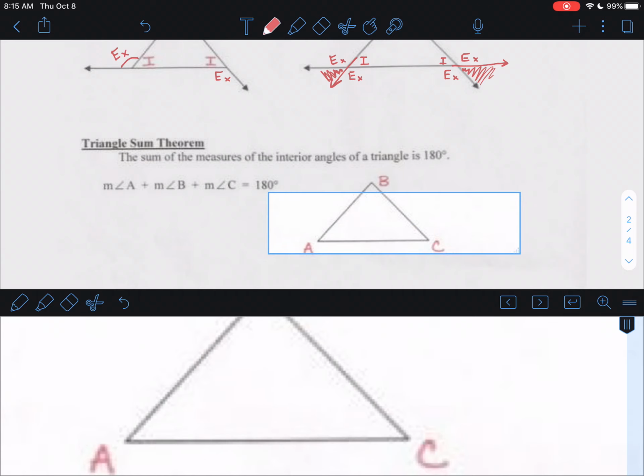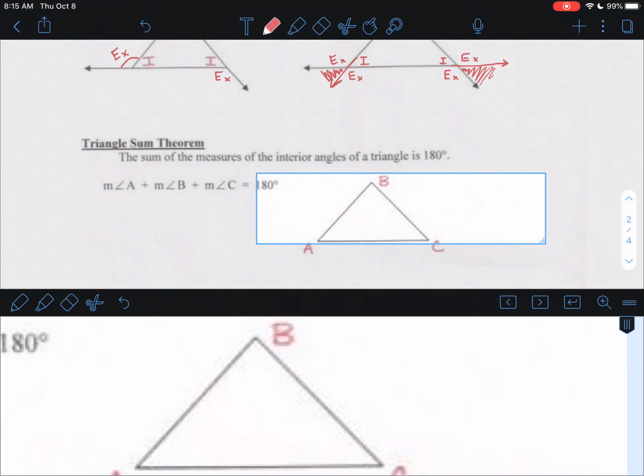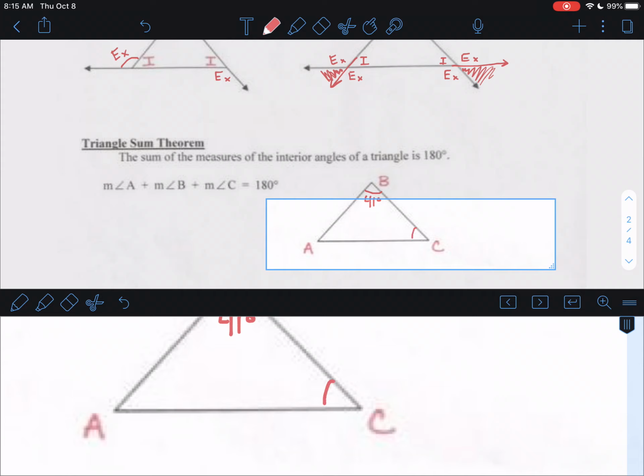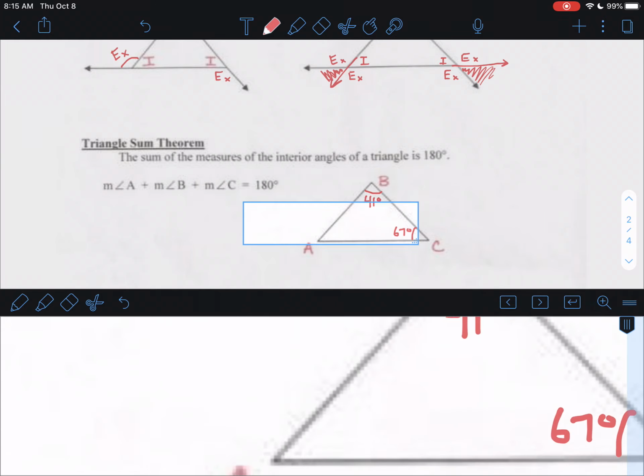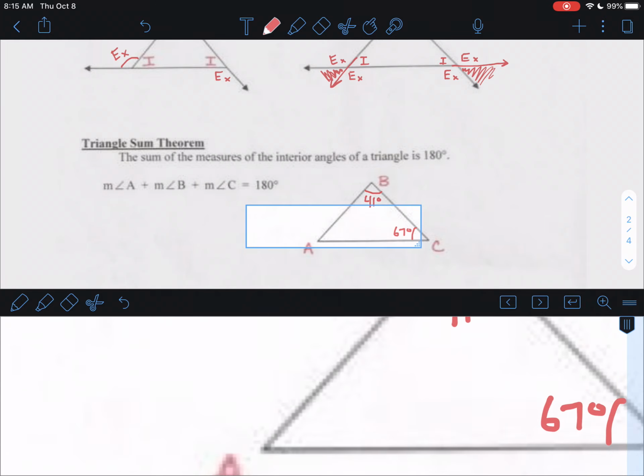So let's say that angle B here is 41 degrees. And angle C here is going to be 67 degrees. And angle A, that can just be x. We want to solve for that.